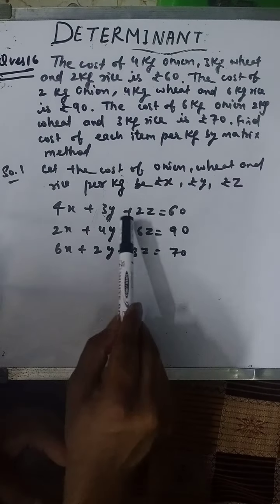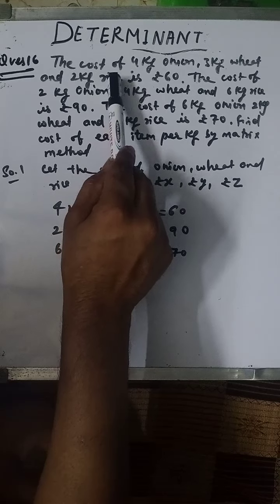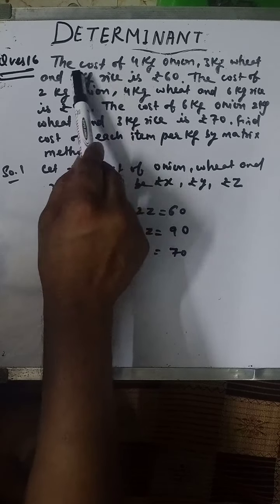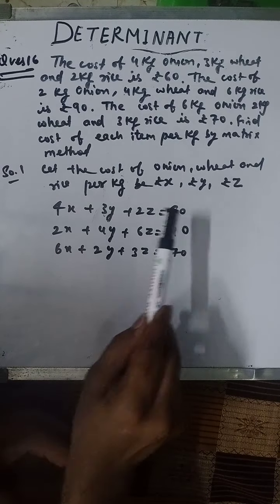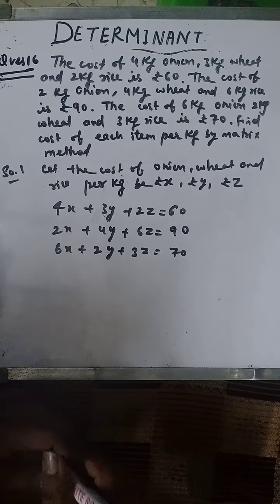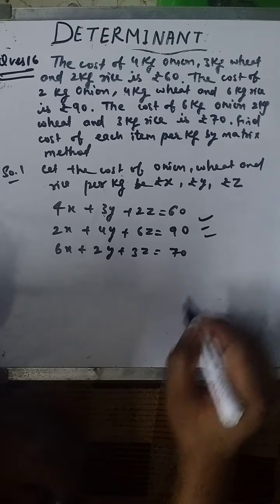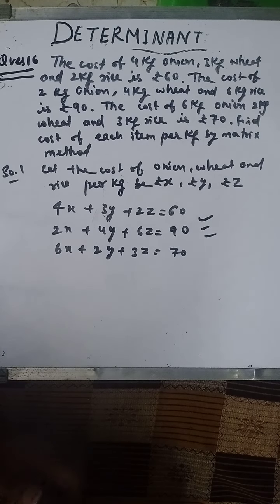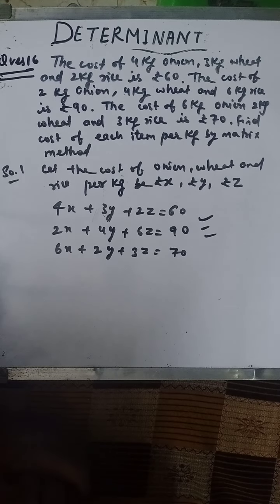The cost of 1 kg rice is rupees z, so 2z. So 4x plus 3y plus 2z is equal to 60. This is how you can make the other equations, and I know you can solve this using matrix method and find out the values of x, y, z.